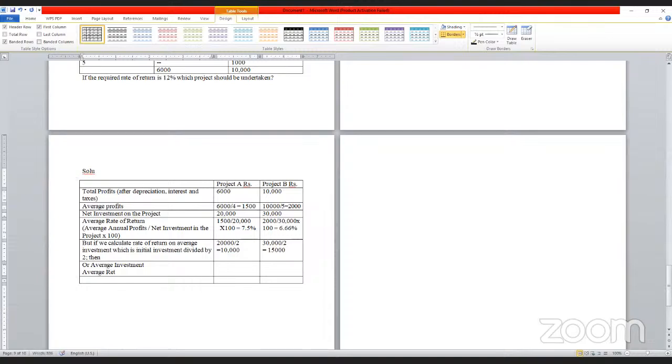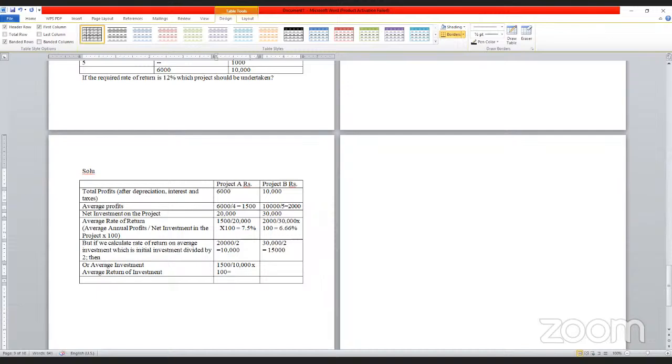Average return on investment. So here you'll take 1500 divided by 10,000 into 100.